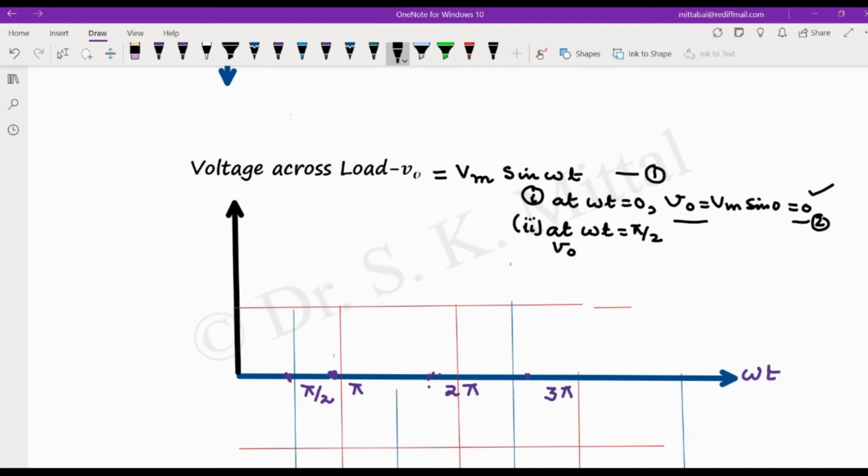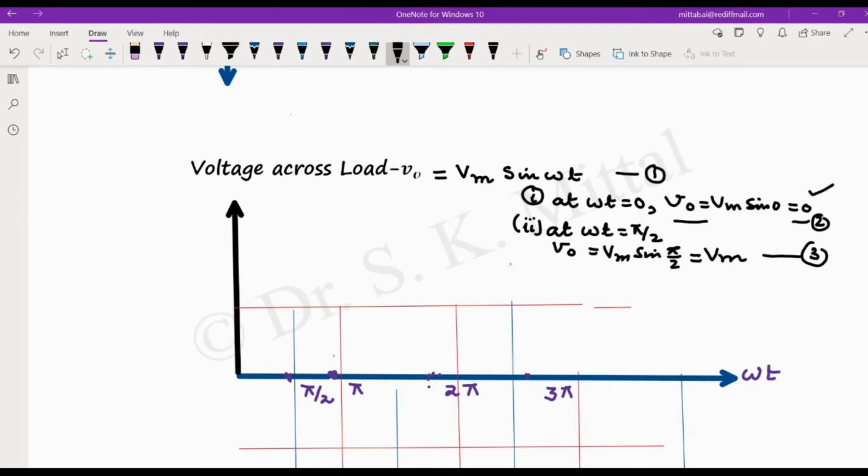We put the value of omega t in equation number 1, then V0 at omega t is equal to pi by 2 is Vm sin pi by 2, and it is equal to Vm. So at omega t is equal to pi by 2, the value of output voltage or voltage across capacitor is Vm.